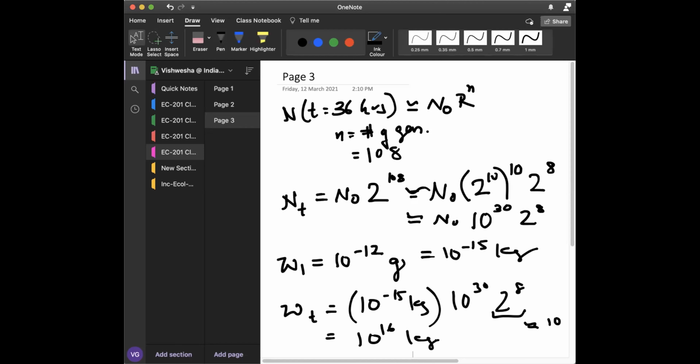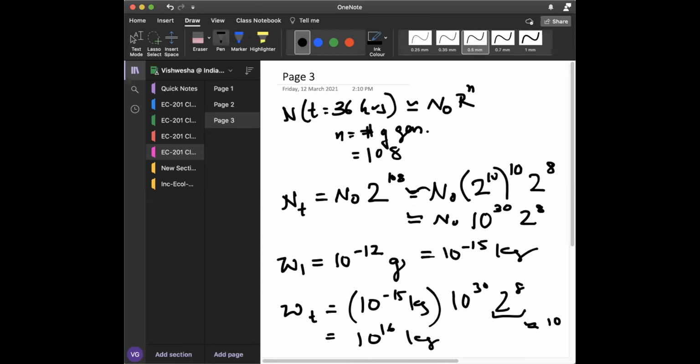Now the next part of the question asked, compare the number as well as the weight to some number you know. So let's say 10 power 31 is the number. What's the number that you can compare this with? Just one thing, 2 power 8 should be of order 100. You're right, that should be 10 power 2.